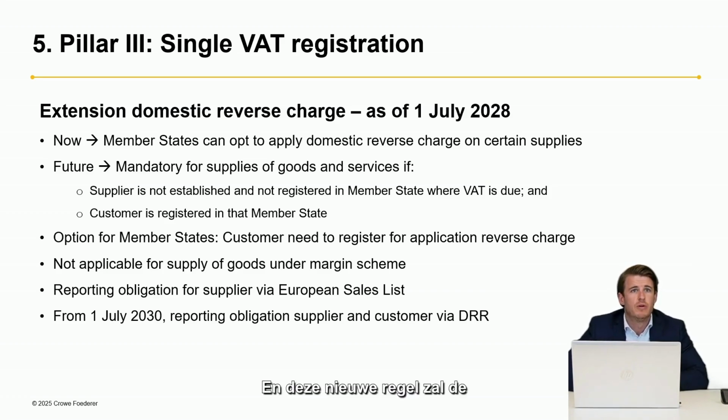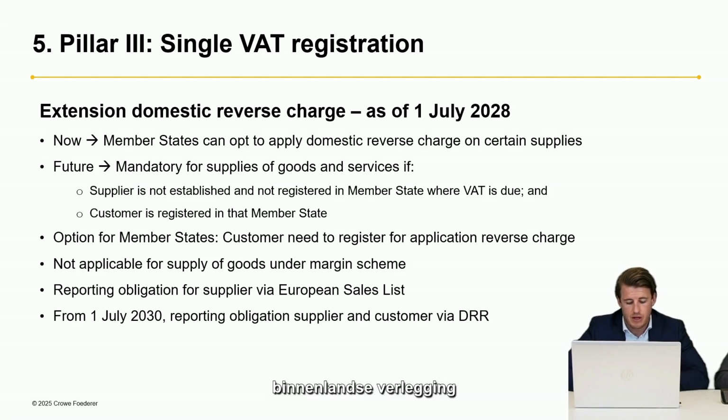And this new rule will reduce the situation where non-established suppliers need local VAT registration in other member states. Then there is an additional option for member states, and within this option they can require the customer to register for VAT in the member state where the VAT is due in order to apply the domestic reverse charge mechanism.